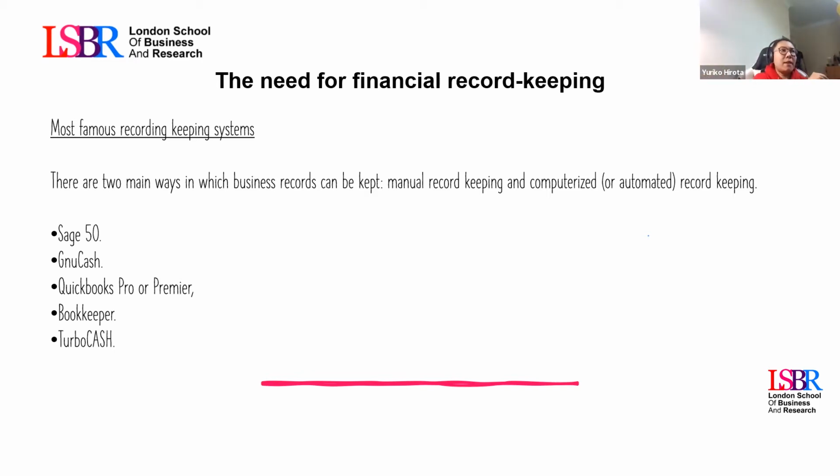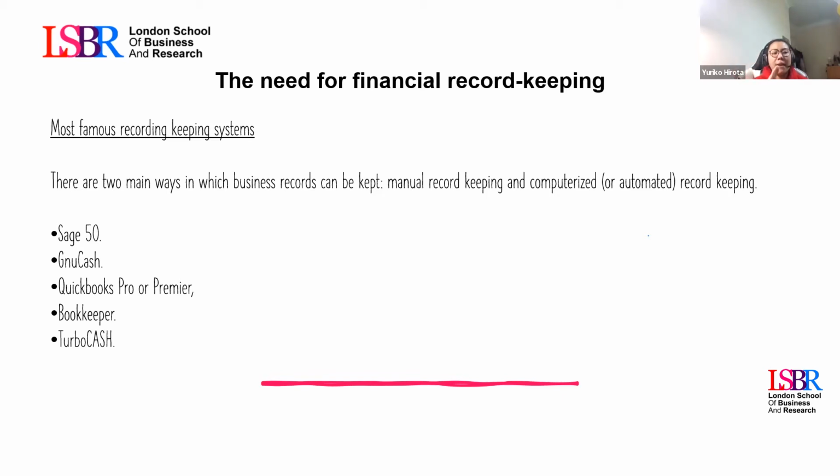Maybe if one area is doing something and another area is doing another thing, at the end we can have the same documents. Or maybe they have the function of giving us financial statements automatically.